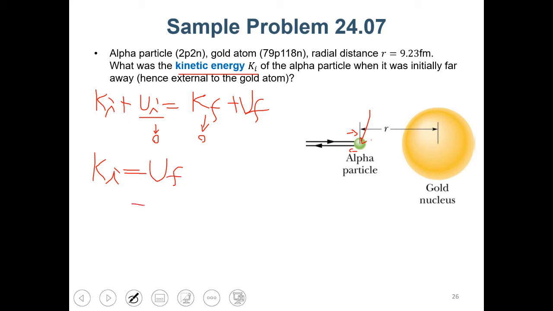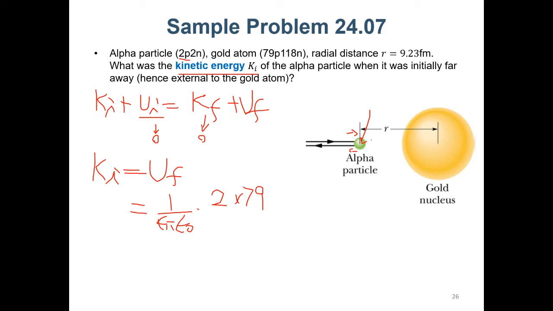So Uf is nothing but 1 over 4 pi epsilon naught times 2 times 79, because the alpha particle has two positive elementary charges, 2 protons, and the gold atom has 79.